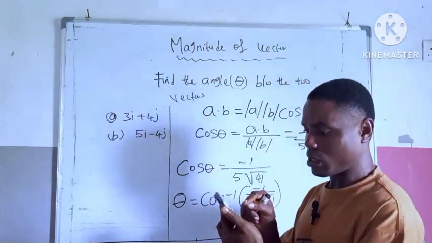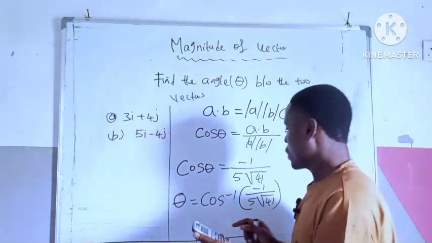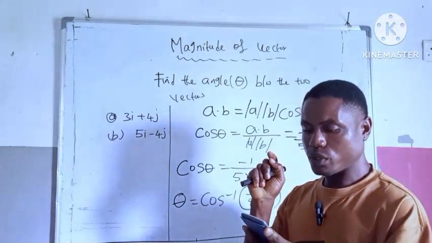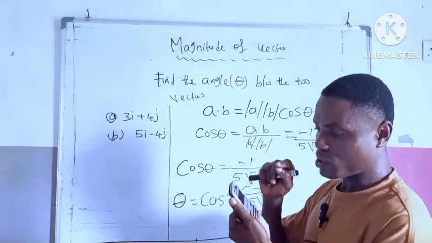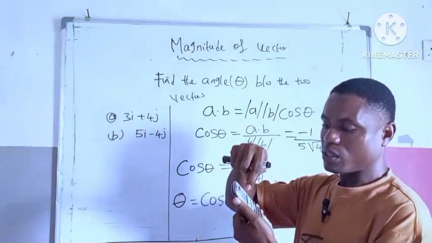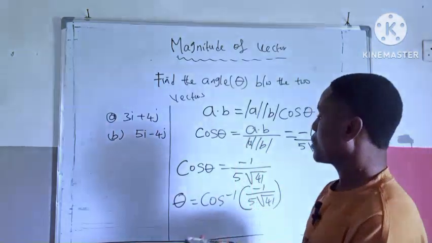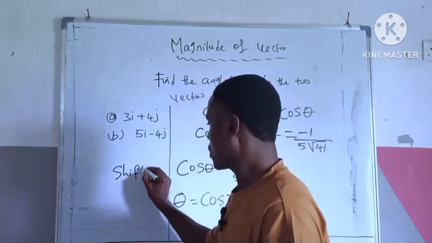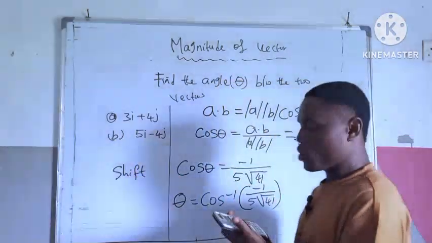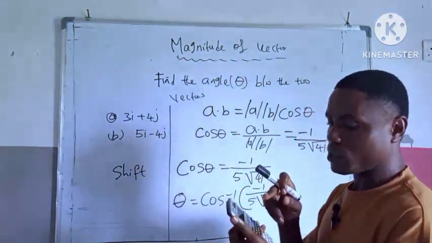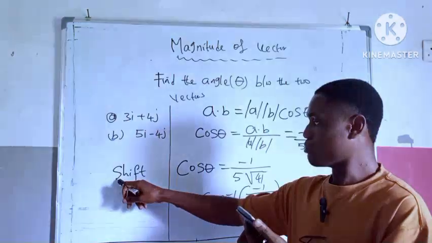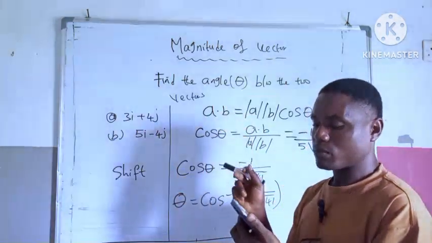After pressing shift once, you will see the S sign on top, just the symbol of shift. Then once you press cos, you will see something like this.